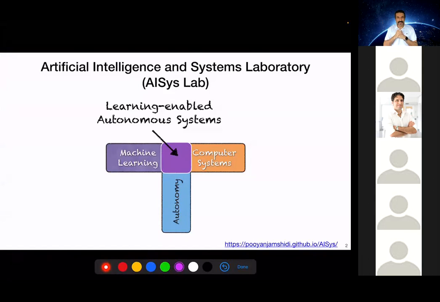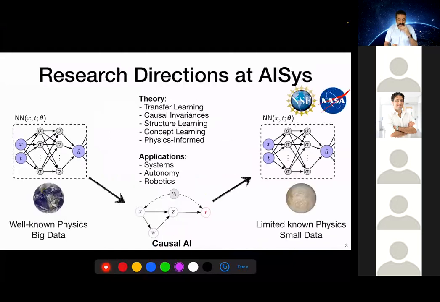Before we jump into detail, I have to mention that we have a lab. We look into some topics at the intersection of machine learning systems and autonomous systems specifically. And we are interested mainly in transfer learning. Related to transfer learning, we look into causal invariances because this is also important for learning important features in the data.